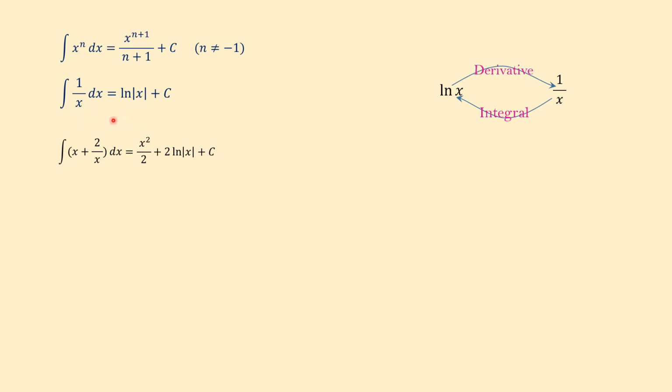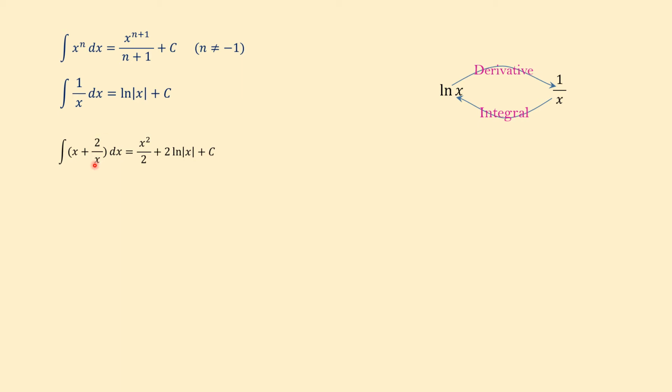Based on the new formula, integral of 1 over x is ln of absolute of x plus c. So integral of 2 over x is 2 ln of absolute of x plus c.